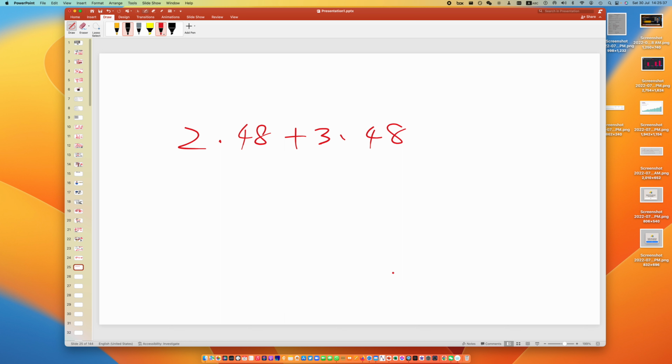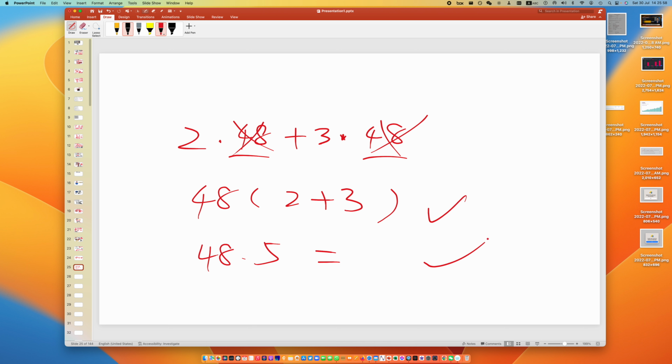What do you see here? 48 times 2 and 48 times 3. What is common? 48. So can you take out 48? Yes. 48 times 2 plus 3 is 5.